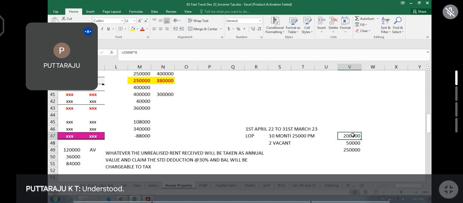He said that he will give the 2 months rent in the next year.